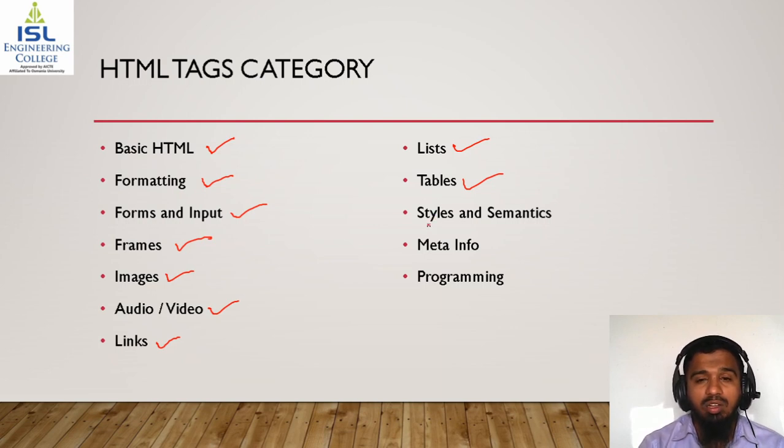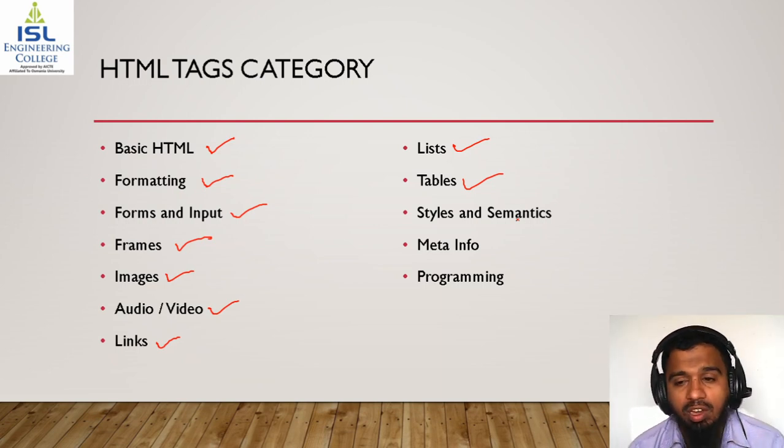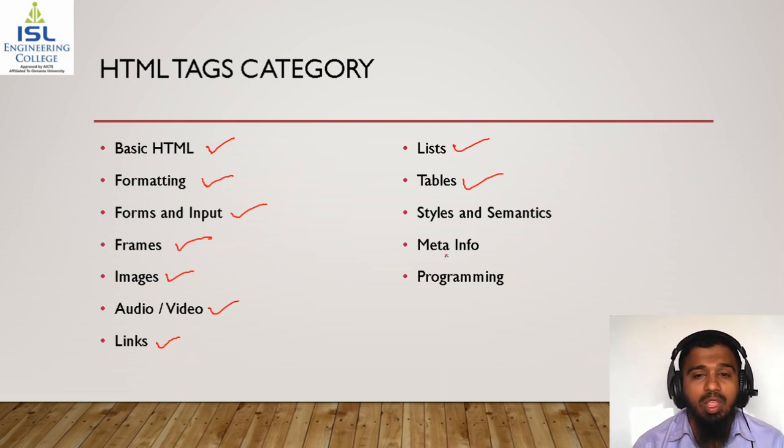The next one is style and semantics, like how to give some style to your text in a good format. And meta information will be helpful for the browser, the user, the search engine, and the database. That will be helpful so your website is displayed in front, and if they search directly, your page will be displayed first.